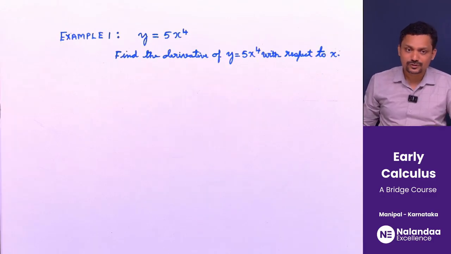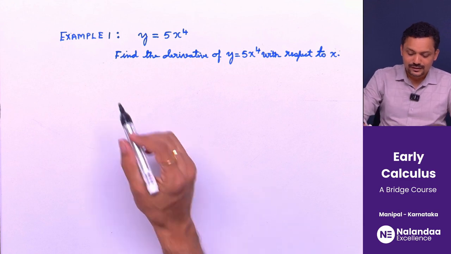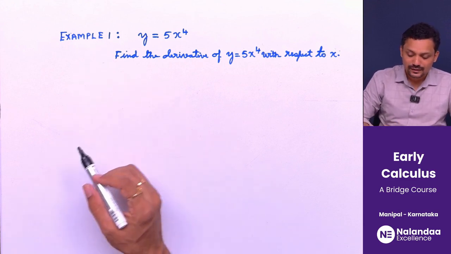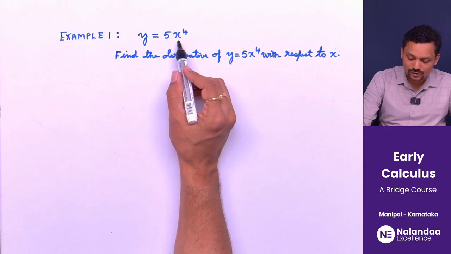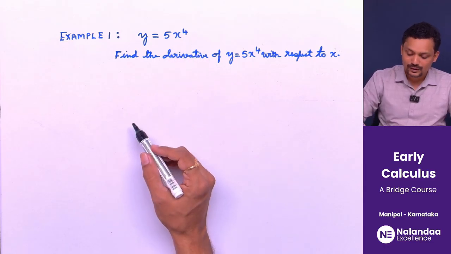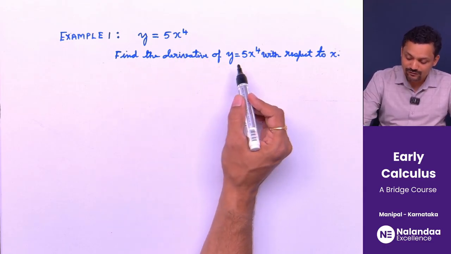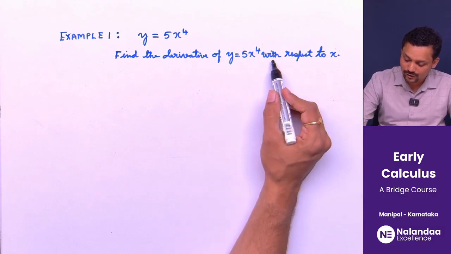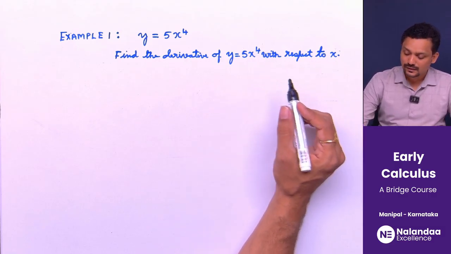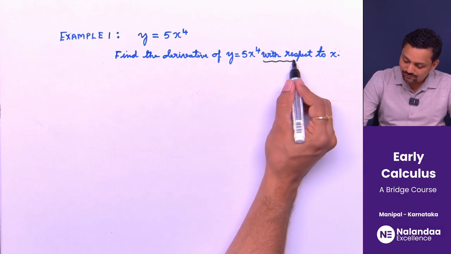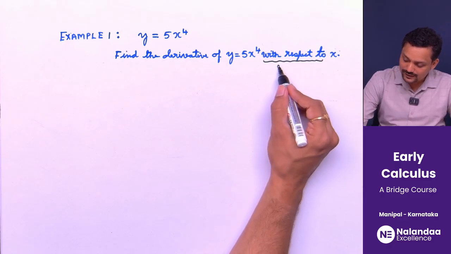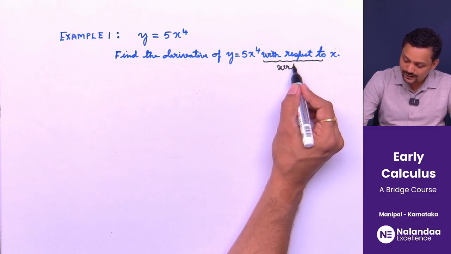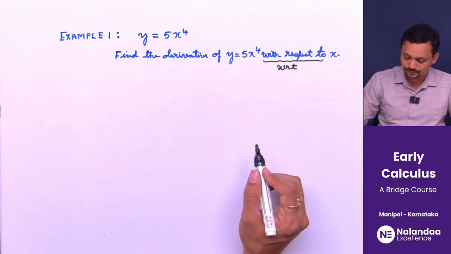Now let us make this topic more and more clear by taking some examples. Now let us go to example 1. Here the function is y is equal to 5x power 4. So let us find the derivative of y is equal to 5x power 4 with respect to x. Now students, with respect to will be written as WRT in short throughout this book.